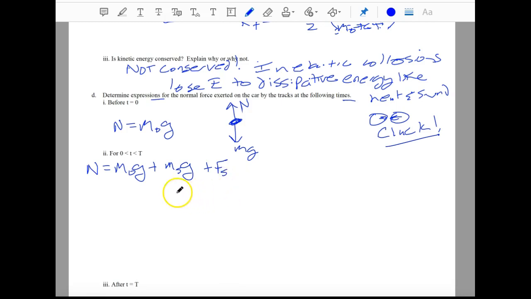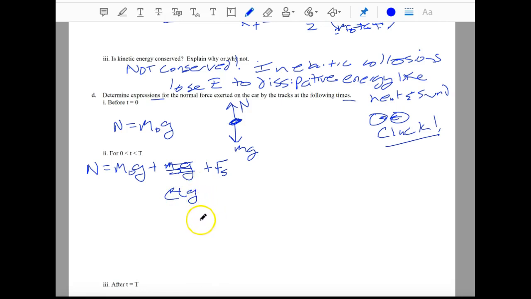The correct expression for the weight of the sand is not going to be MSg, because remember, we don't really know what MS is, but we do know that this is C times t times g, and that gives us the weight of the sand. So Ct was mass, and then gravity is g.